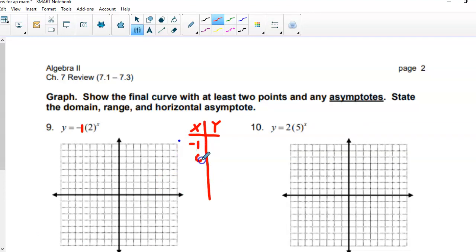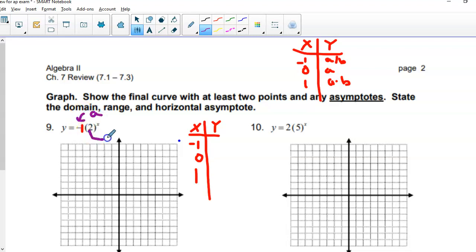Let's rewrite that table so we don't have to keep going back and forth. -1, 0, 1, and we have a divided by b, a, and then a times b. We want to identify what our a and our b are. This is our a right here, -1. And this is our b right here, 2.